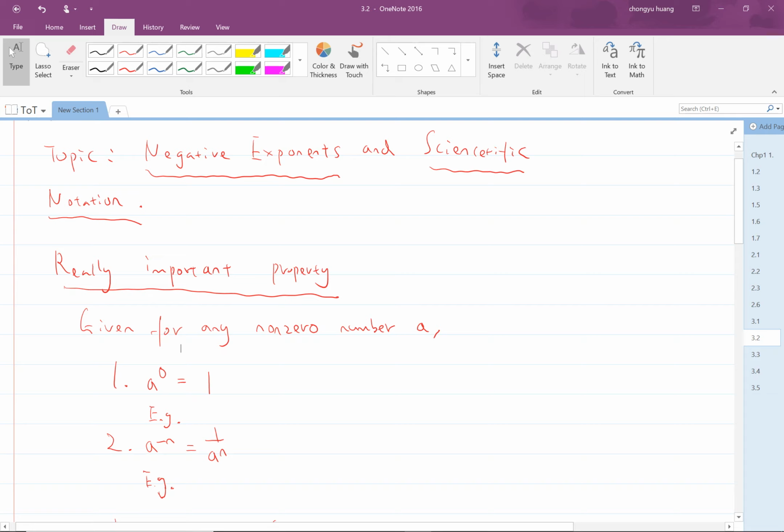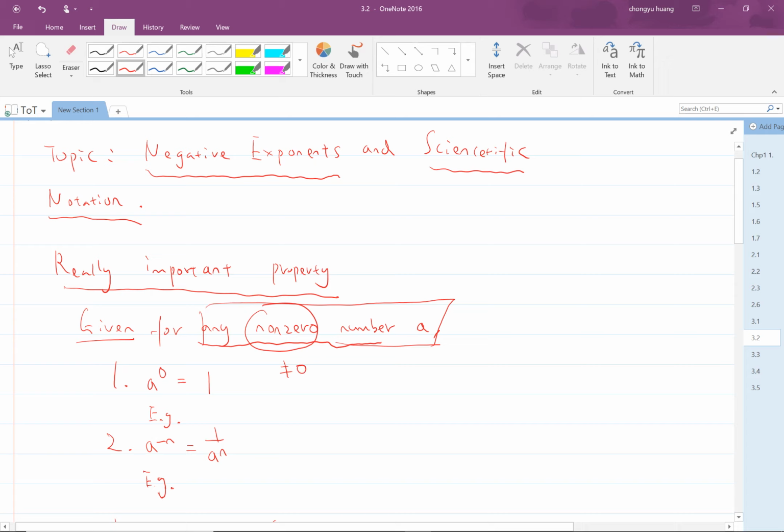First, let's take a look at the property. We are given any non-zero number, and non-zero means it's not equal to zero.